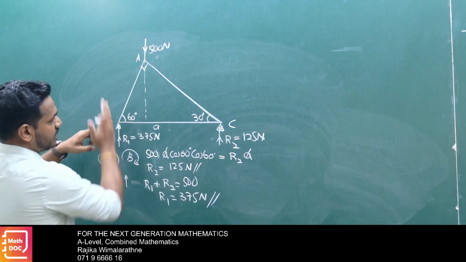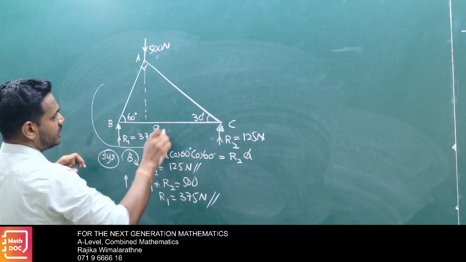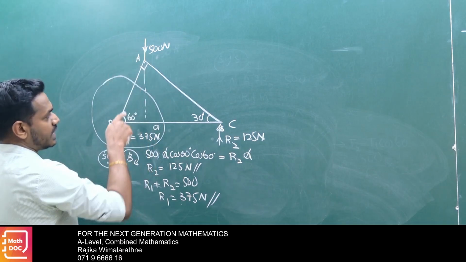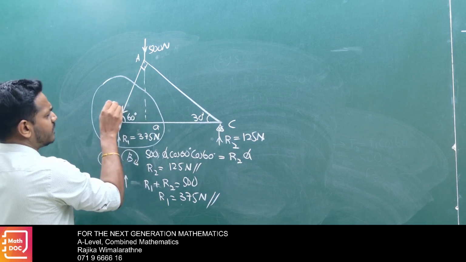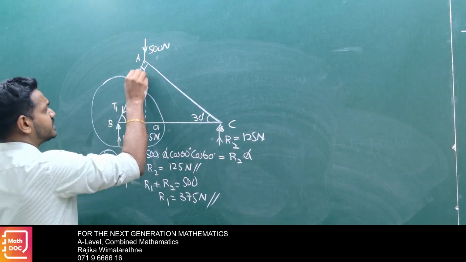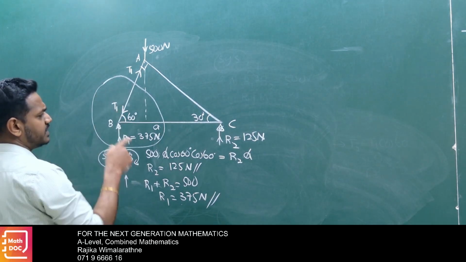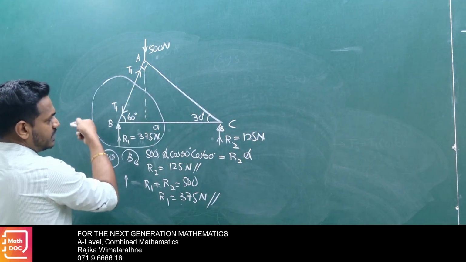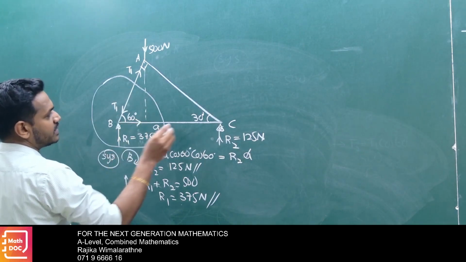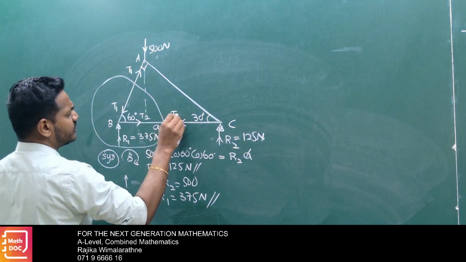To cancel this vertical upward force, we need a vertical downward force that can be given using this rod only. So you mark T1 in the opposite direction. Then the vertical component can cancel 375. Then horizontally, to cancel, you mark T2 force.